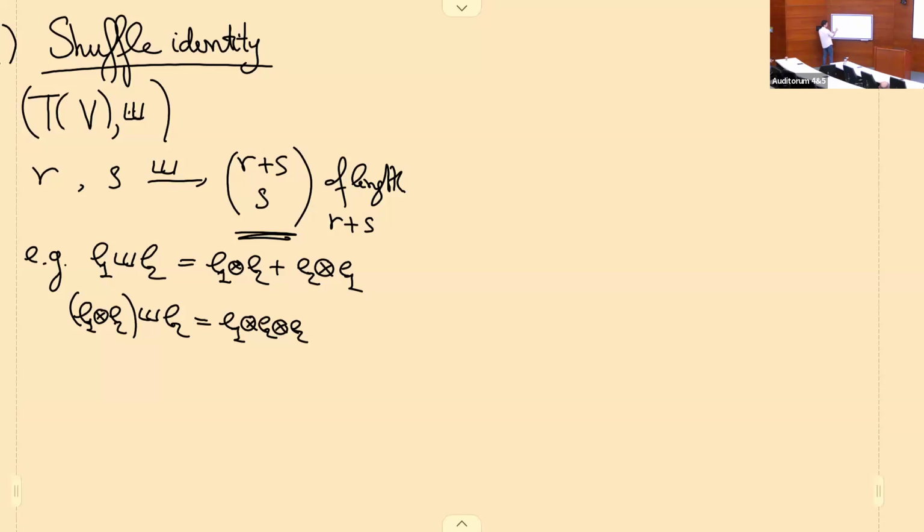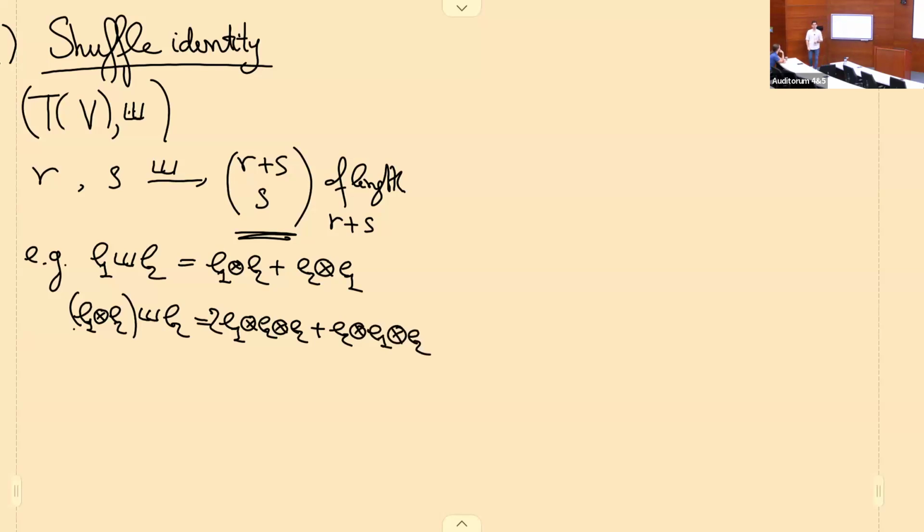But then I can put the E2 inside the letters E1, E2. So I will get again E1 times E2 times E2. So this is twice this. And then I will get E2 interleaved at the very beginning of the previous word. So I will get E2 tensor E1 tensor E2.